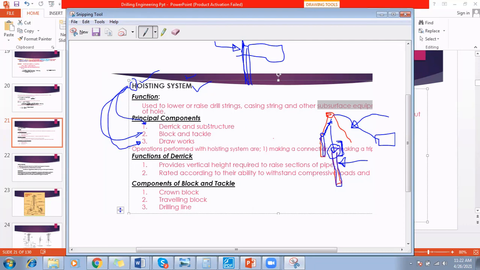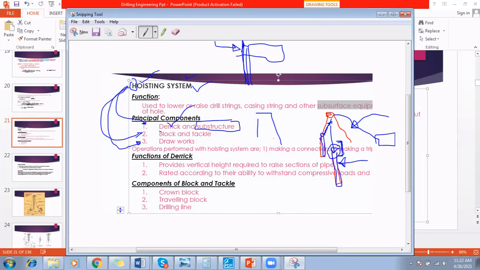The derrick is the pole-like structure placed on the derrick floor, and the other is the substructure. The substructure is the foundation on which the whole derrick floor and the setup on the derrick floor are placed.